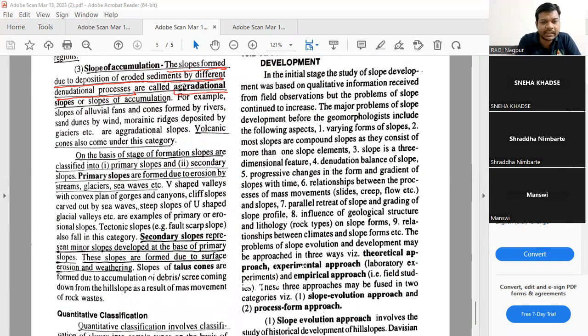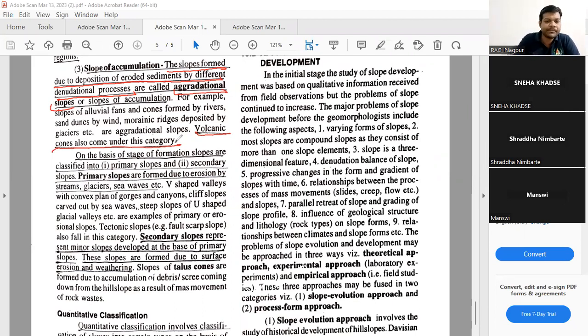These are also called aggradational slopes. Volcanic cones also come under this category. These are the three types of slopes formed on the basis of their genesis.